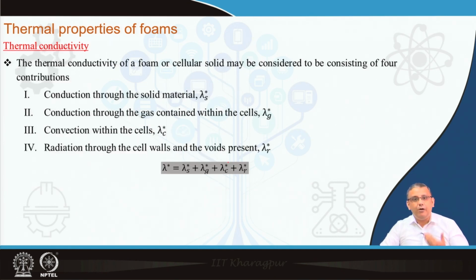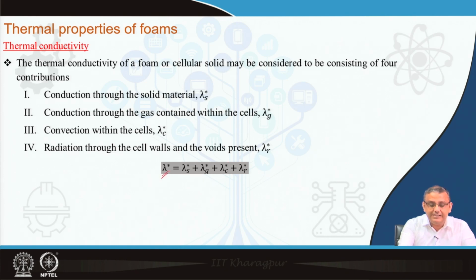Now, the question is, how does the thermal conductivity of a foam or cellular solid depend upon its structure, and what are the factors which control it? Typically 4 factors control the thermal conductivity, as shown in this slide. If lambda star is the overall thermal conductivity of the foam, then it has 4 contributions.